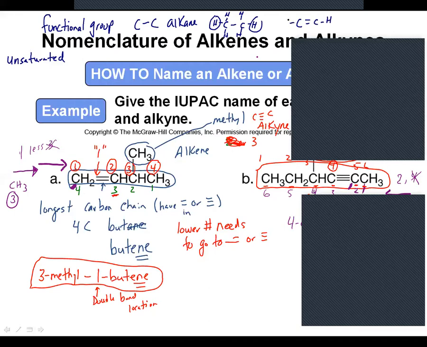What that means is these are unsaturated. They don't have the maximum number of hydrogens that each carbon should have, because they have a double bond, or they could have a triple bond as well. The double bond is the functional group for the alkenes. The carbon-carbon triple bond is the functional group for our alkynes, Y-N-E.